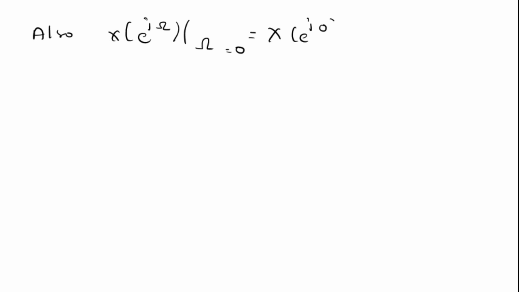And also X of e power j omega at omega is equal to 0. If we put omega is equal to 0 in the above equation, we get X of e power j0 is equal to 13.